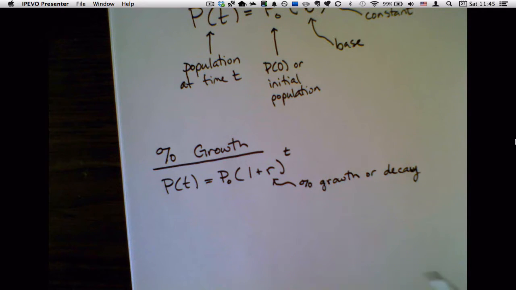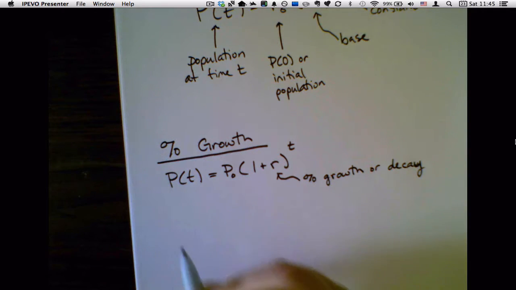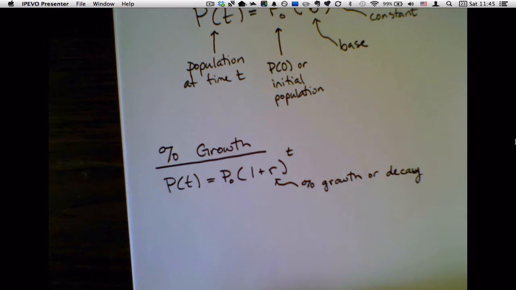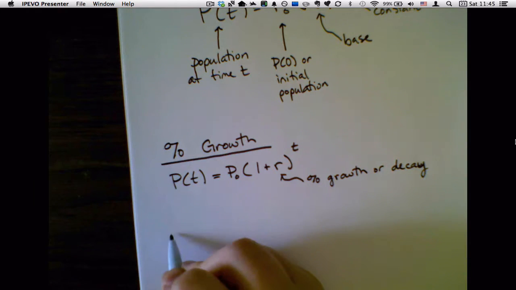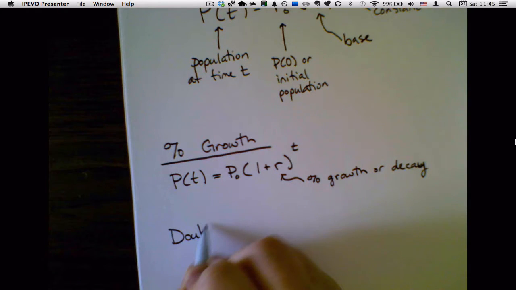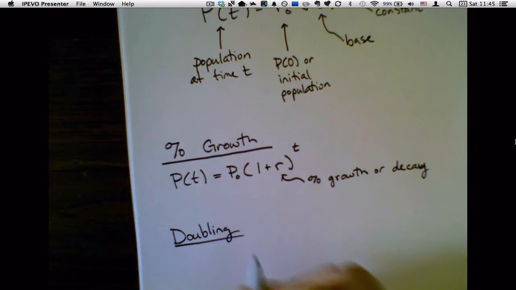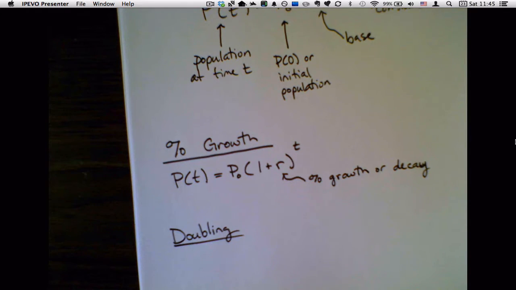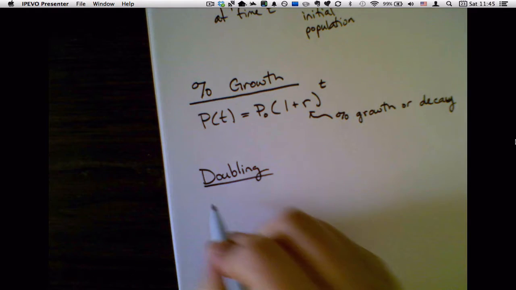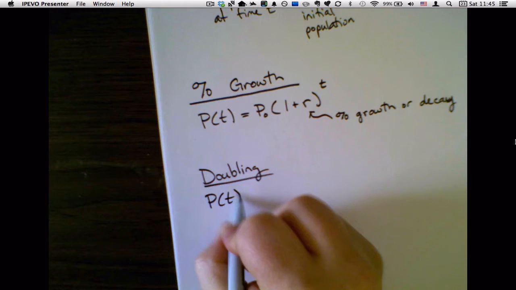All right. If, on the other hand, your problem tells you it's a doubling problem, like the population doubles every 3 years, then you would write it like this.